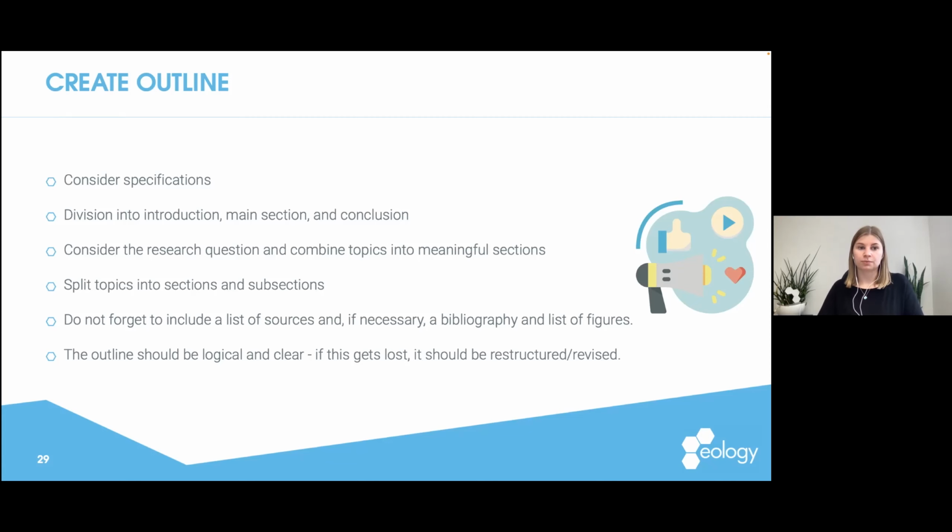You can also split topics into sections and subsections, so it's more clustered and simpler to get to know. And of course, at the end, you have to include a list of sources and a bibliography, a list of figures, whatever you need. The outline has to be logical and clear, and if that gets lost, it should definitely be restructured or revised. So in the end, you have a logical outline.